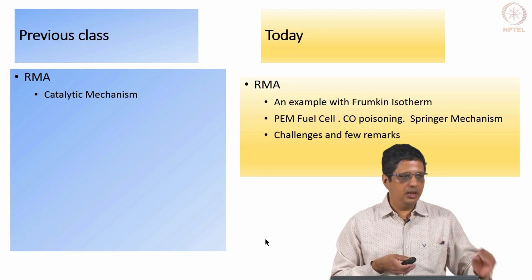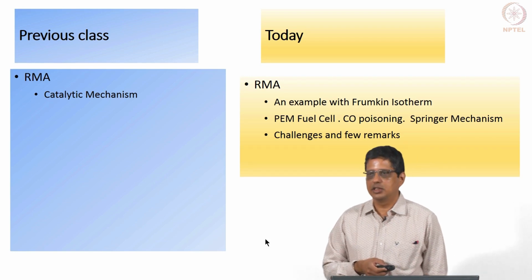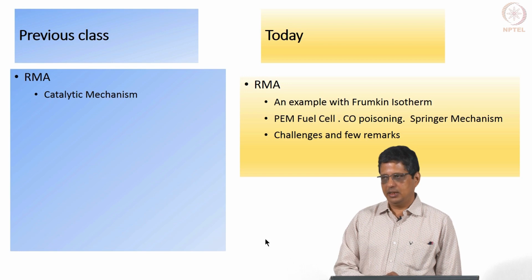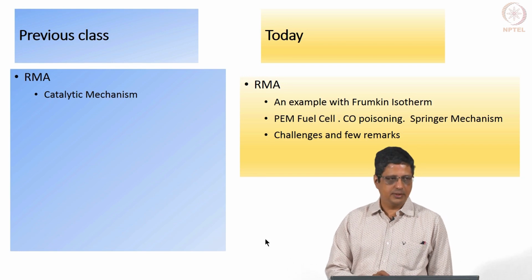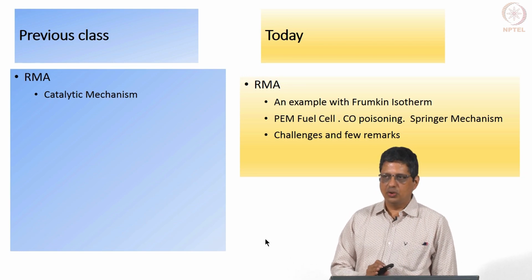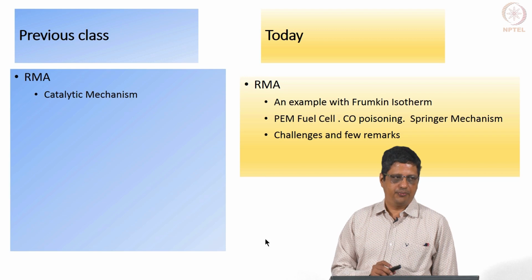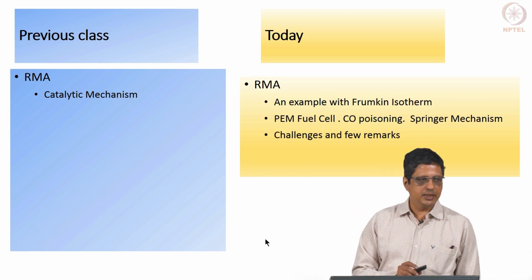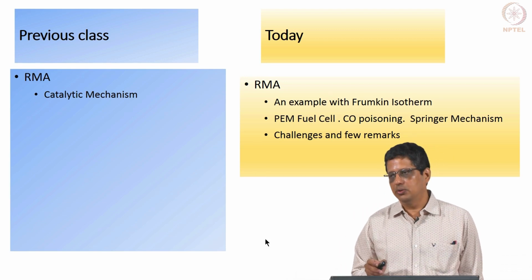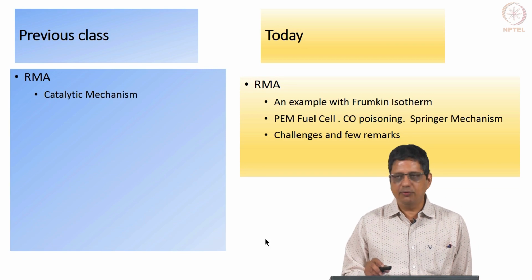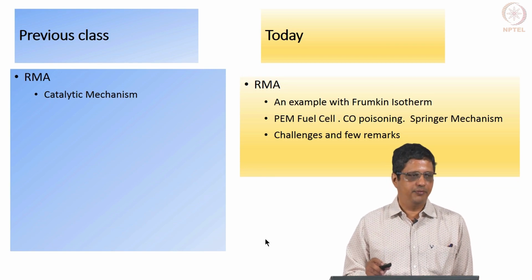We are able to manage with the Langmuir isotherm model to simulate a lot of the observed results, but we should also know how to handle the cases where the rate constant depends on the surface coverage, and in some situations it is necessary to use that. One example is in fuel cells, PEM fuel cells.